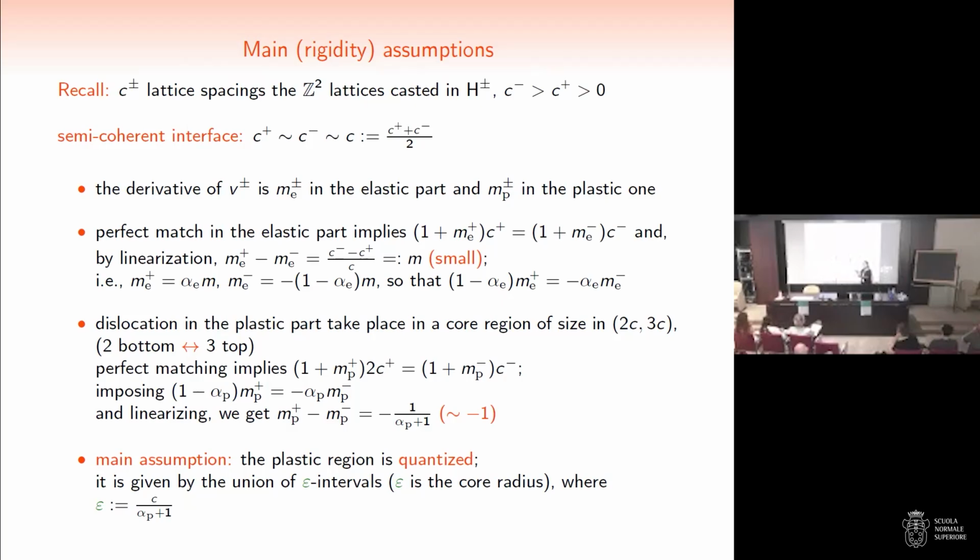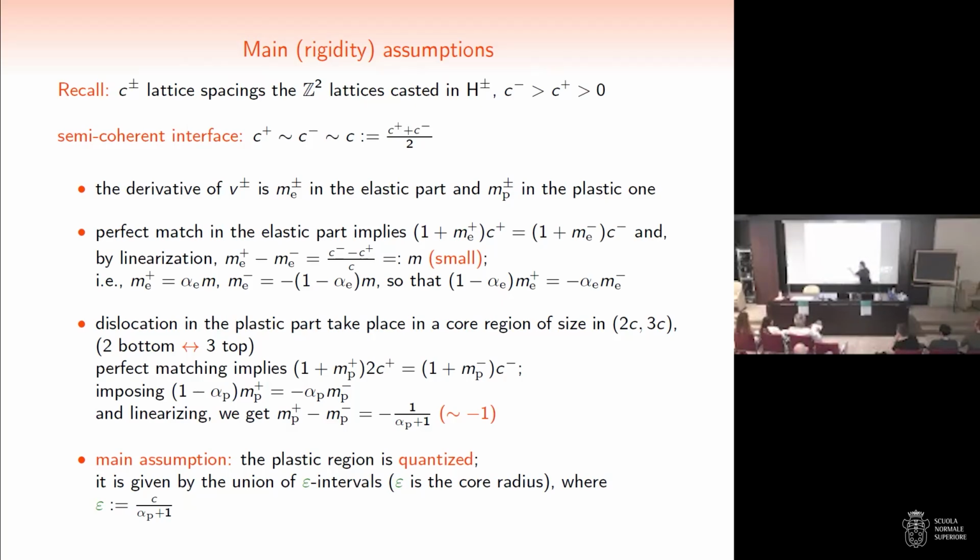Now I do the same thing in the plastic part, but remembering that in this case I do not have the same number of particles that connect on the top and on the bottom. Here I can take whatever, but I say, as before, 2 particles on the bottom that connect to 3 particles on the top. I enforce the same condition that I have here and, linearizing around the fact that C plus and C minus are close to each other, I have that the difference between the plastic slopes is equal to a certain negative number that depends on this parameter alpha p.